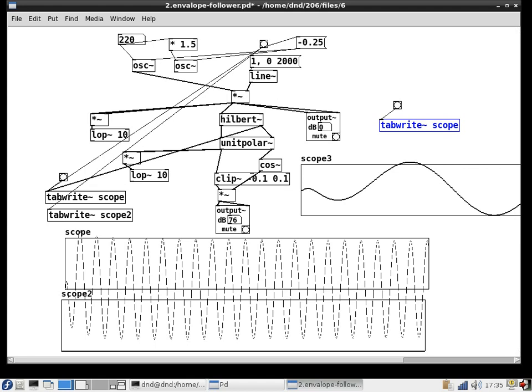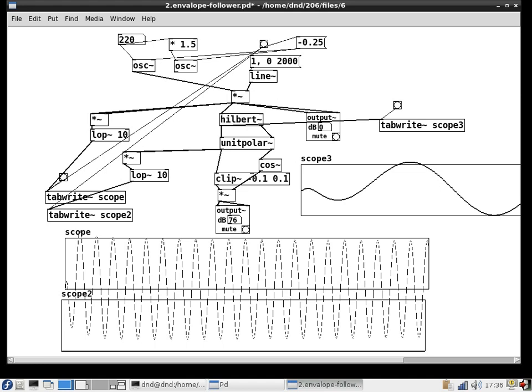All right, scope 3. We're not going to look at the real and imaginary anymore. We're going to look at the 2 envelope followers, the stupid one on top and the cool one on the bottom. This is because eventually we'll feed it mixtures of sinusoids and check it out there. And scope 3 is just going to be watching the Hilbert transform have trouble get off the ground.